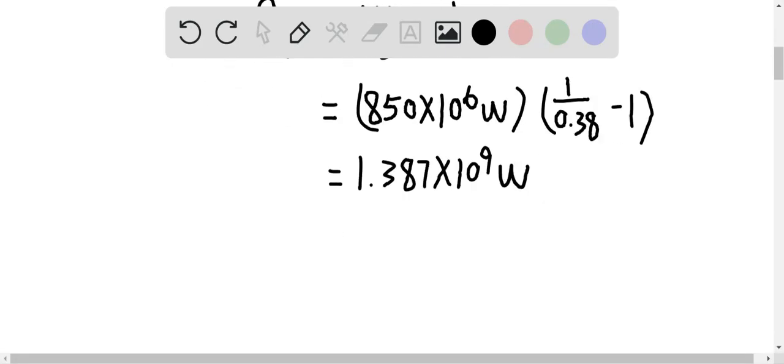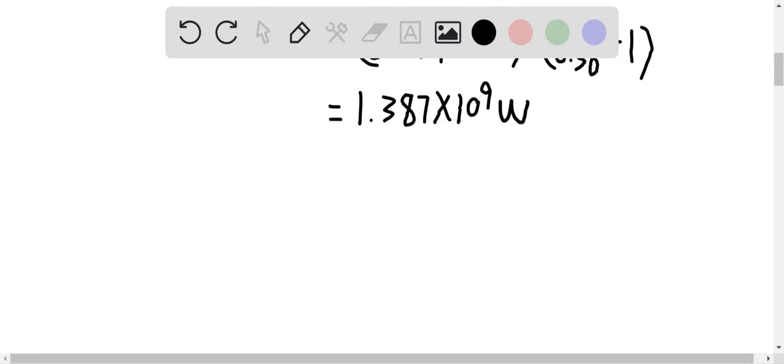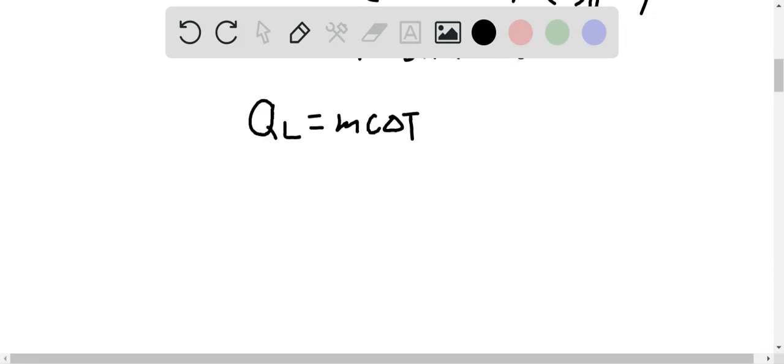Almost all the energy loss was converted to heat. Therefore, QL is equal to MC delta T. M is the mass of the air, C is the specific heat of air, and delta T is the change in temperature.